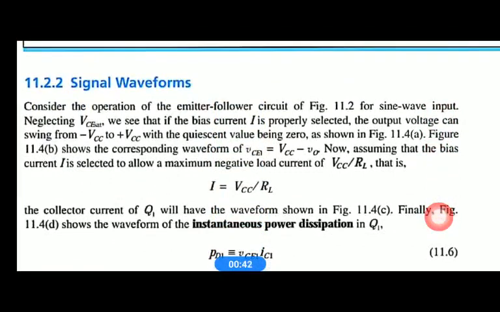We'll see the signal waveforms here. Consider the operation of the emitter follower circuit, which we discussed in the previous session, for a sine wave input. When you apply the sine wave input Vi, we will analyze what signal waveform we get at the output and across the various points of the circuit.